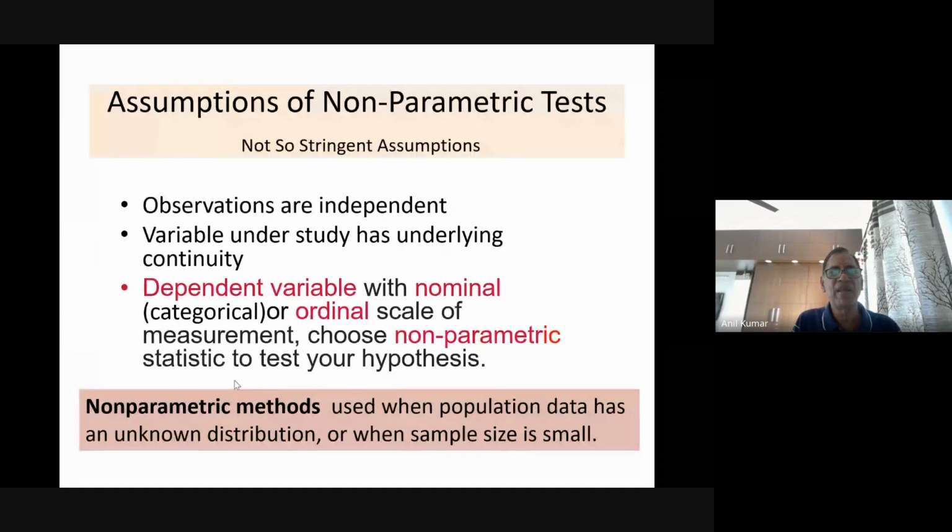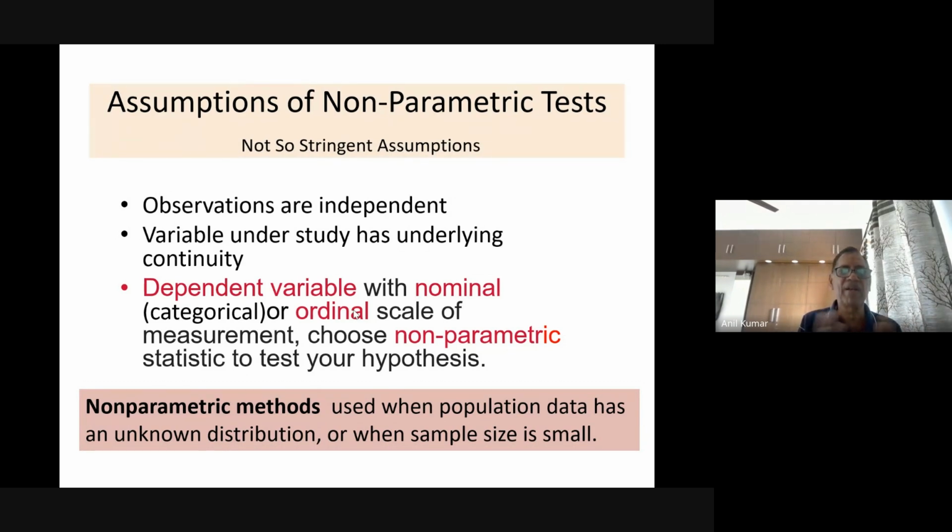Now when we are trying to use a non-parametric test, make sure that the dependent variable is either nominal or ordinal. If the scale of measurement is nominal or ordinal, you cannot think of using parametric; you have to go for a non-parametric test for testing the hypothesis.